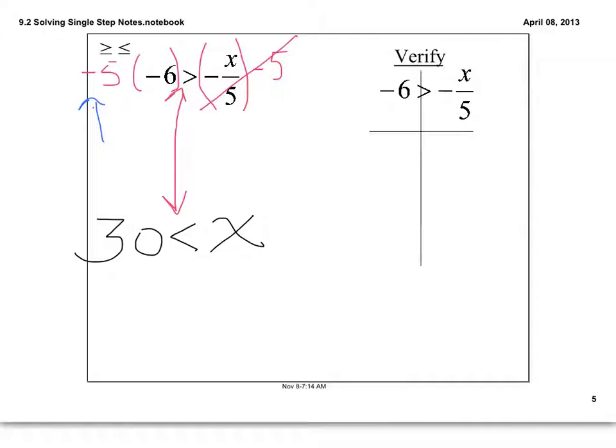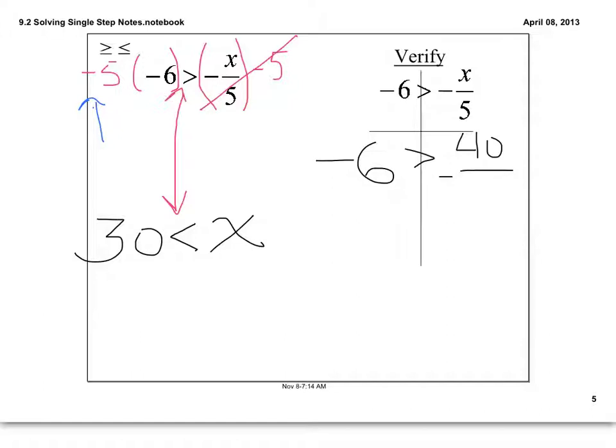So when we go to verify it, let's use black again. So -6 has to be greater than whatever expression you end up with on the right. So if 30 has to be less than x, if you choose, say, 40, okay, that'll work because 30 is less than 40.